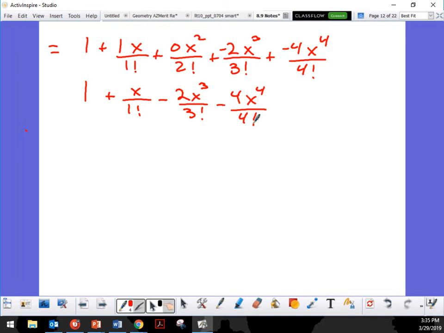I think I made a mistake on my derivative somewhere. What's 4 factorial? 6, that's right. 3, that's right.